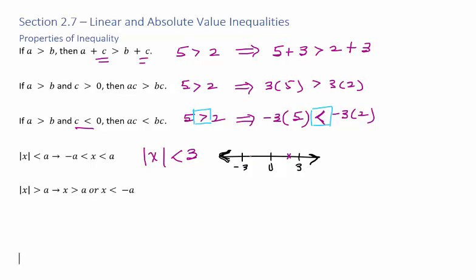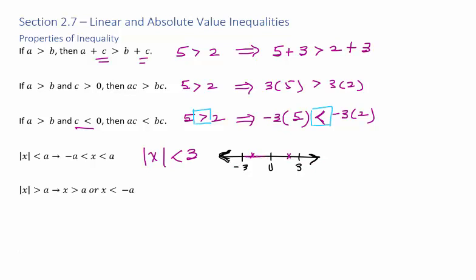But take a look at some negative numbers, like the absolute value of negative 2 is 2, and 2 is less than 3, so negative 2 would even work. However, a number like 4 or negative 4 would not work. Even 3 and negative 3 do not satisfy this inequality.